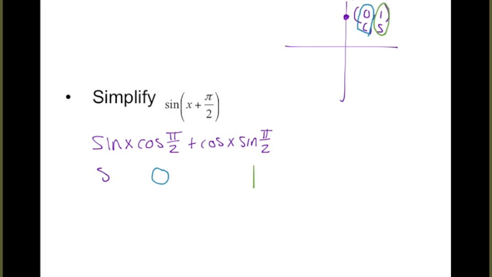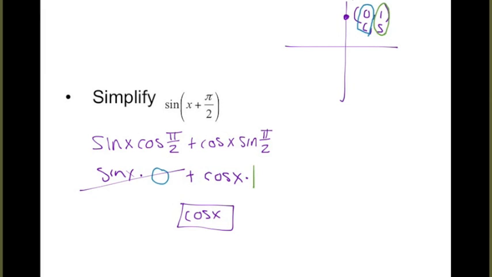We can't do anything with the x parts, so let's just tag along. Then in the front of this, I have a sine of x times 0. Anything times 0 is just 0, so that whole part really just disappears, and I end up with cosine times 1, or just cosine.